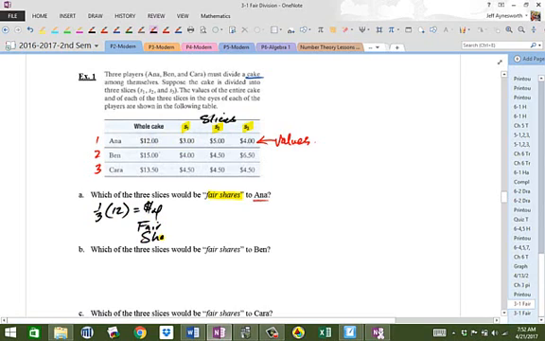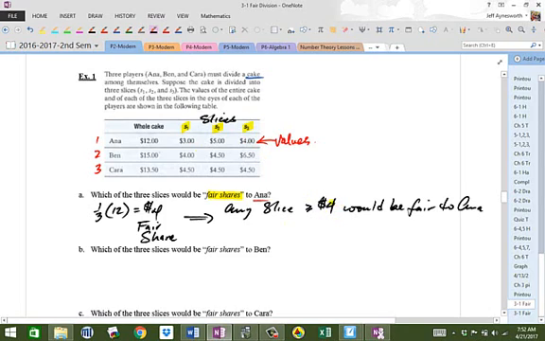So that would be considered a fair share if you divide the cake equally, which means that any slice greater than or equal to $4 would be fair to Anna. So let's compare these slices here. S1 is $3, S2 is 5, that's greater than or equal to 4, and S3 is 4.